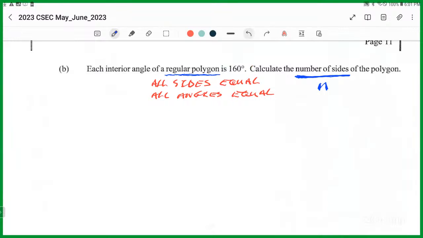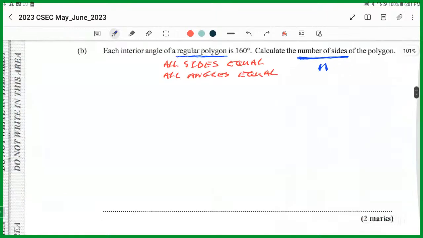We can do the question in 2 ways. Using interior angle. Using total interior angle.